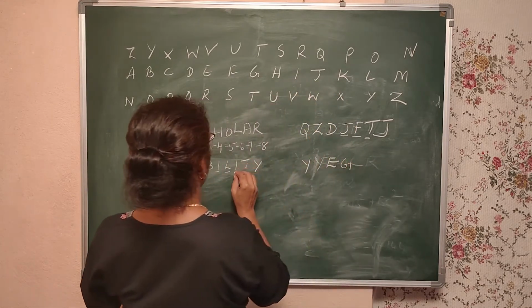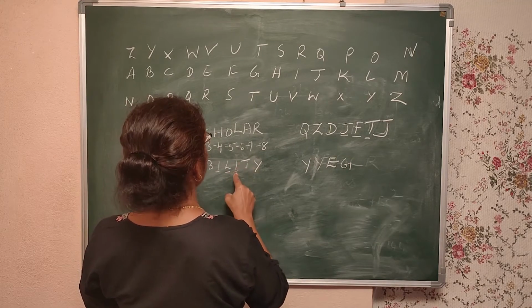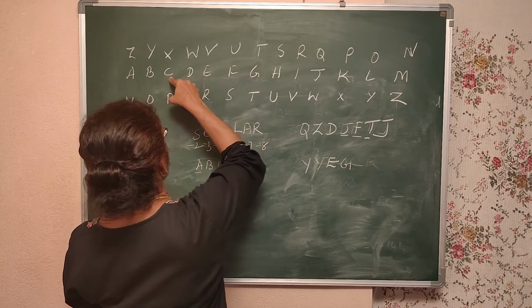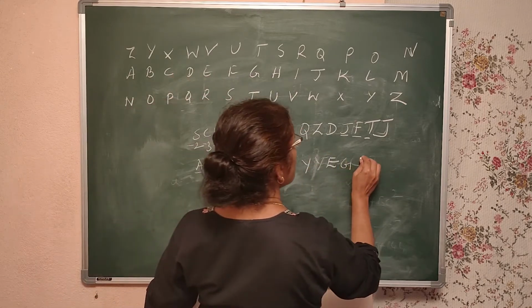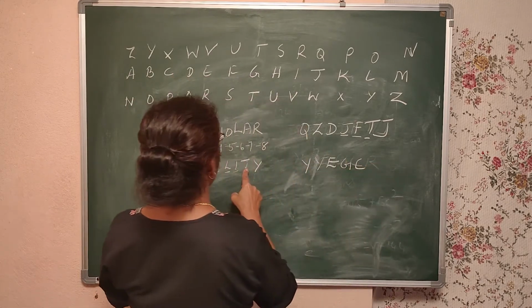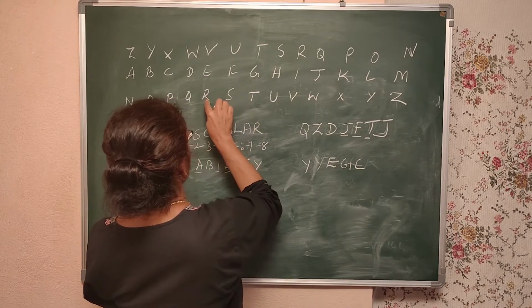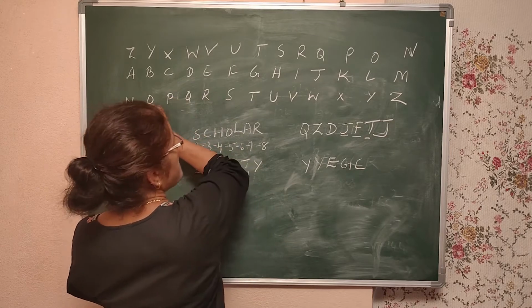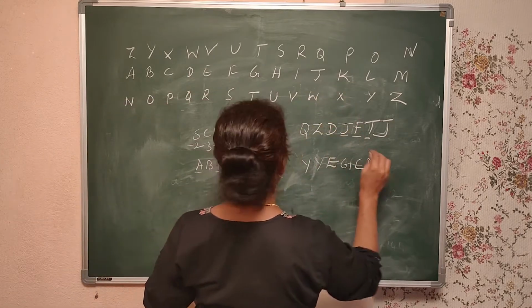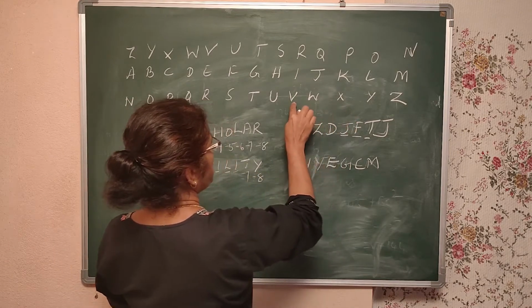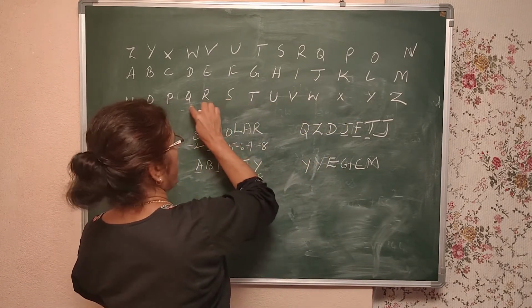G. L is over I. Minus 6: 1, 2, 3, 4, 5, 6. So, C. T minus 7: 1, 2, 3, 4, 5, 6, 7. M. Y. Minus 8: 1, 2, 3, 4, 5, 6, 7, 8.